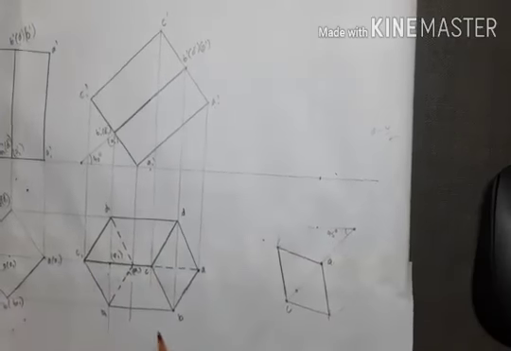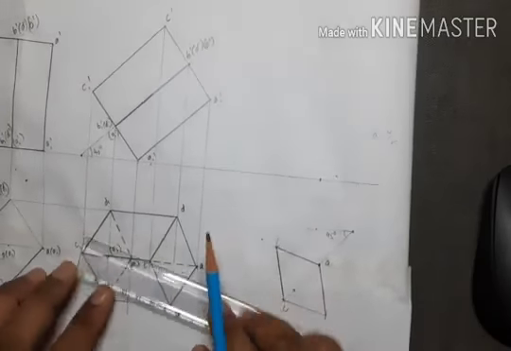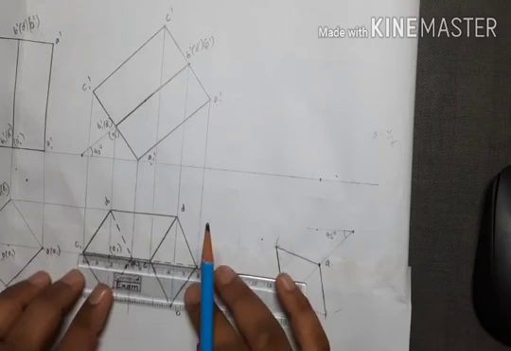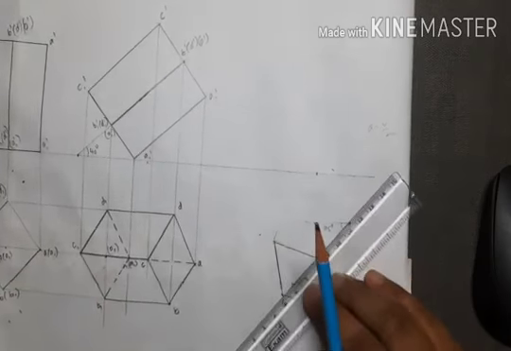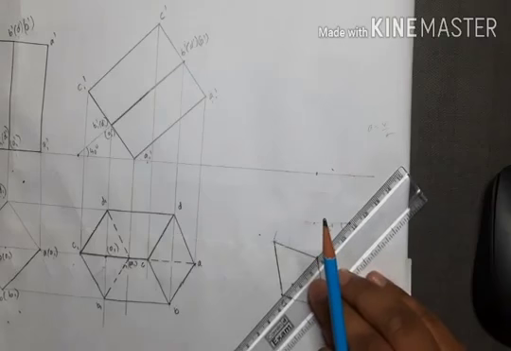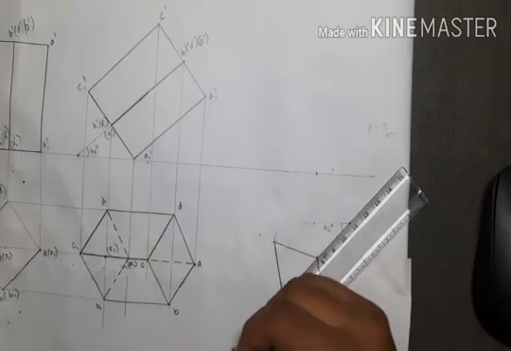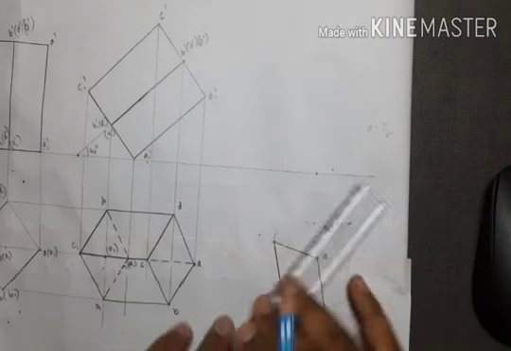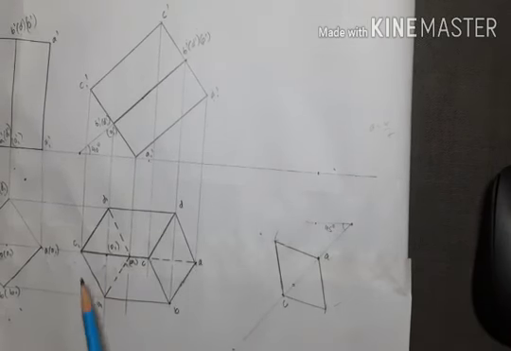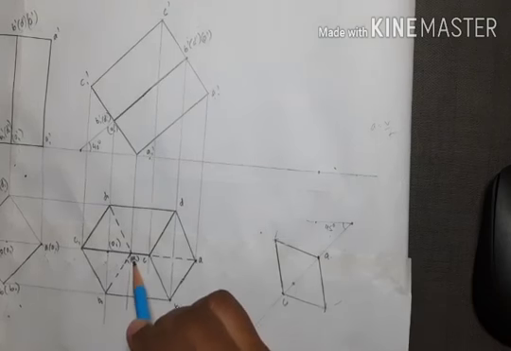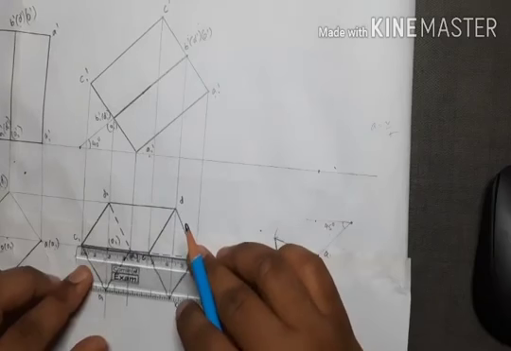So from C to C1 it is 46. This is C1. Again, you got C1, you have A1, mark A1, it is 34.